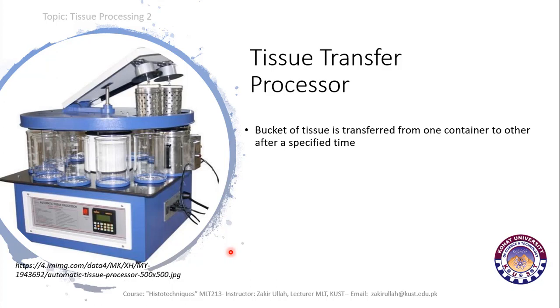In this instrument, a basket of tissue is transferred from one container to another container after a specific time. There are multiple containers in which different reagents, along with a specific environment, are present in these jars.